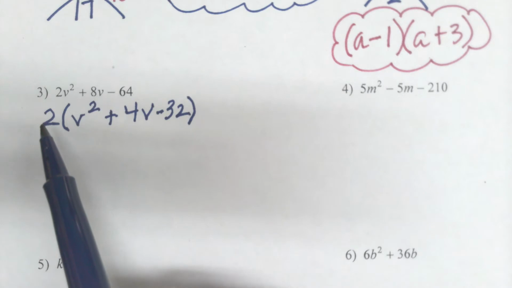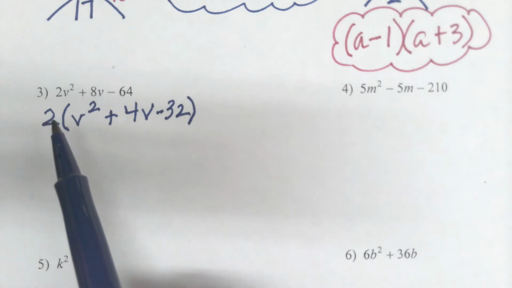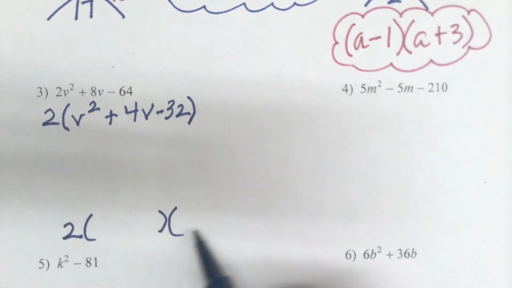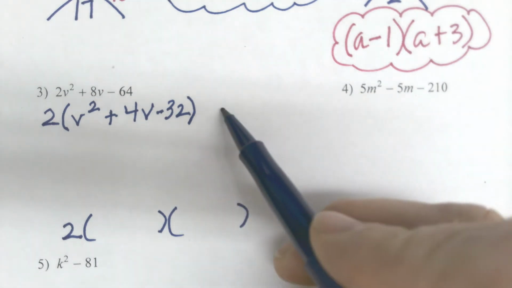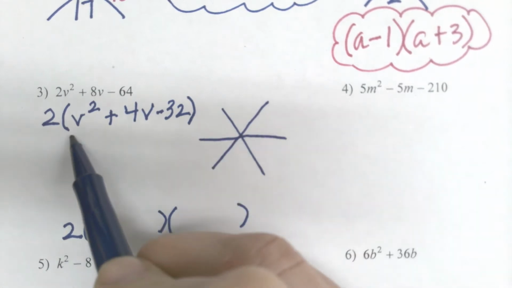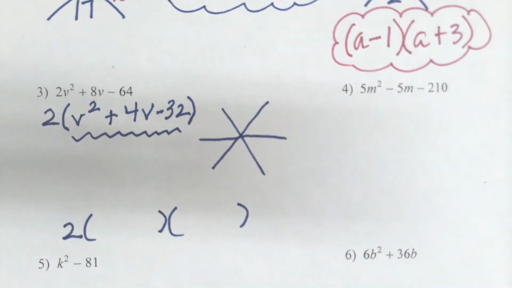That is going to change the final answer at the end only in the way that it's going to put a 2 in front of my 2 parentheses. But when I set up my diamond, I'm only going to work with the inside of that problem.